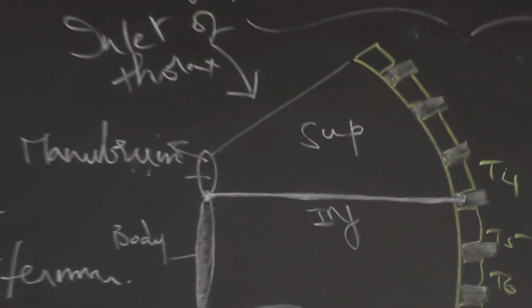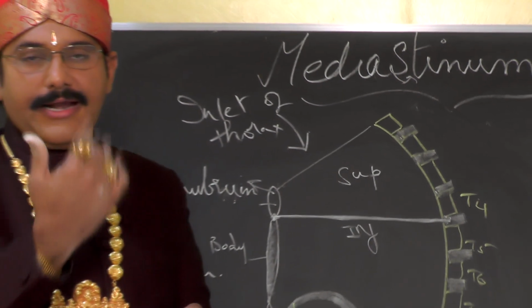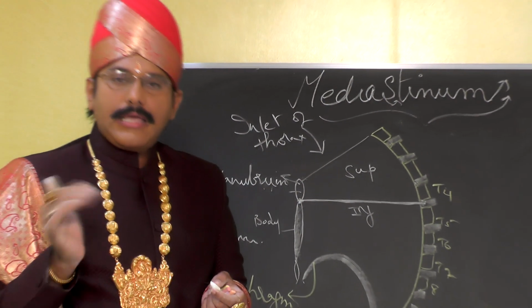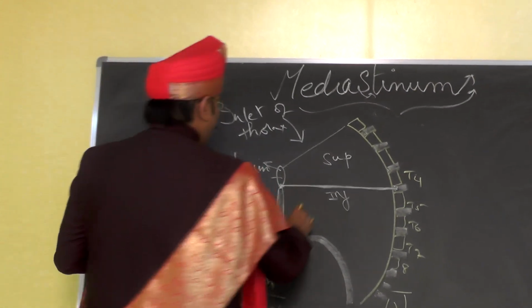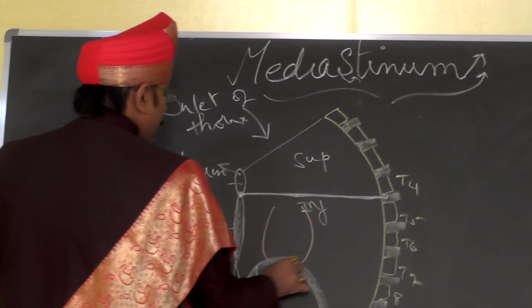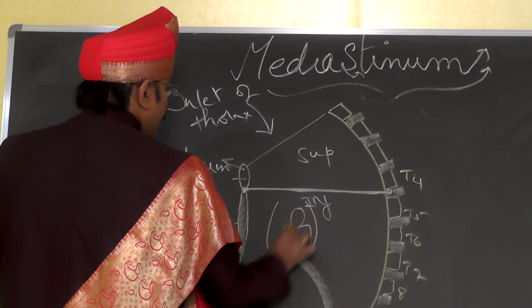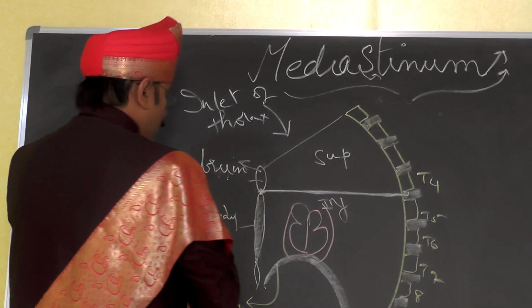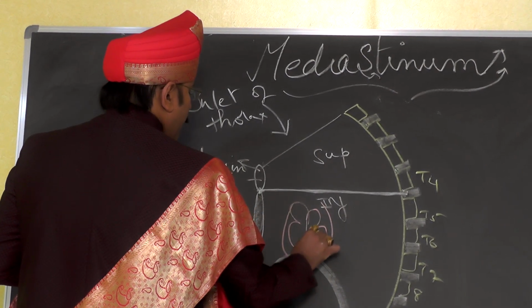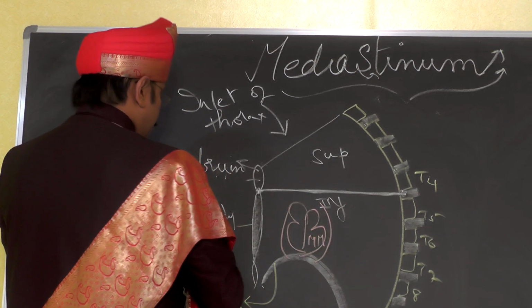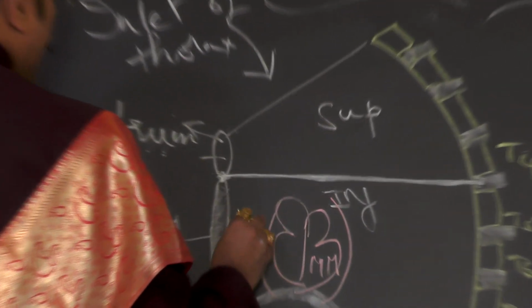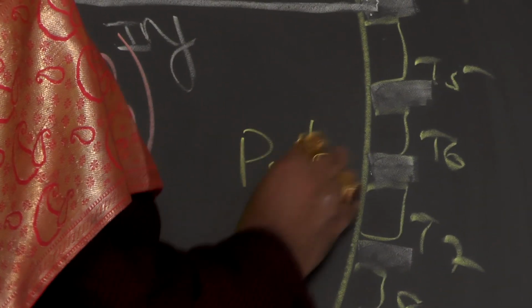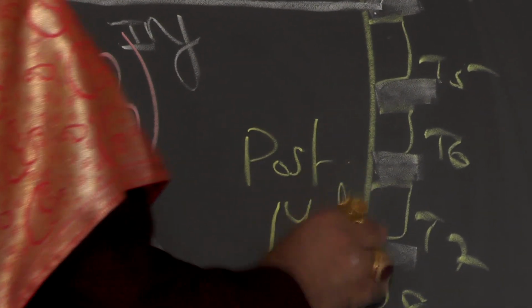So you have two divisions of the mediastinum, superior and inferior. Again, the presence of the heart in the pericardium divides this inferior mediastinum into the middle mediastinum, the anterior mediastinum, and the posterior mediastinum. Are you able to understand?